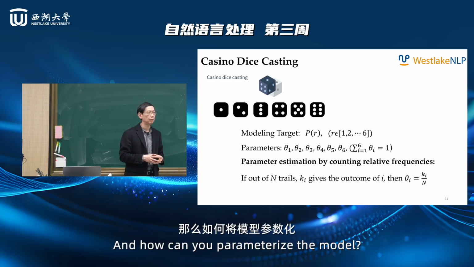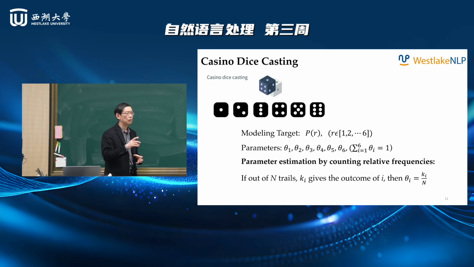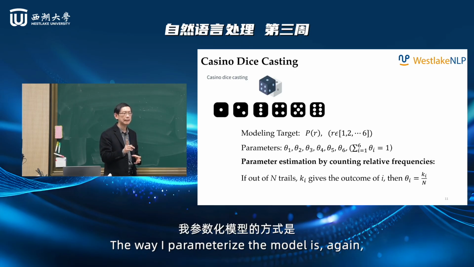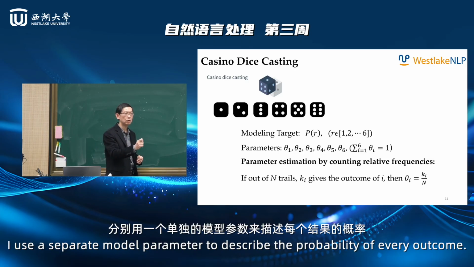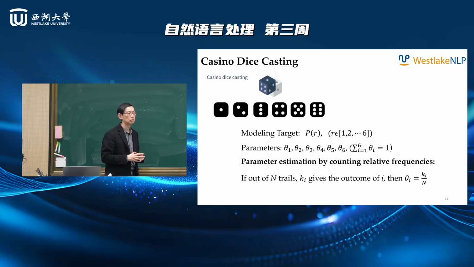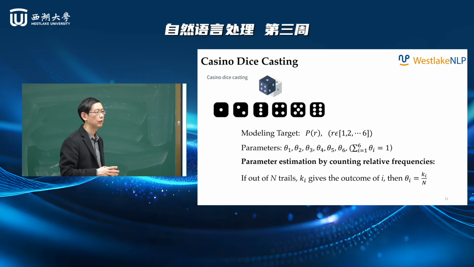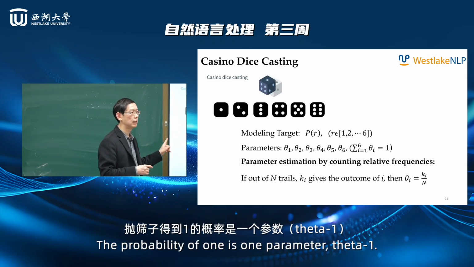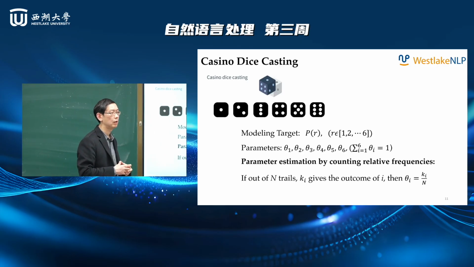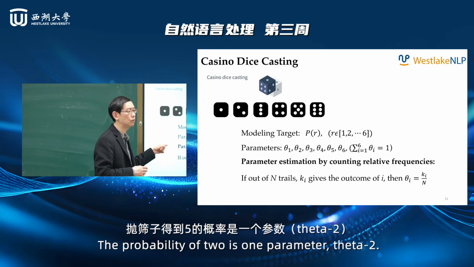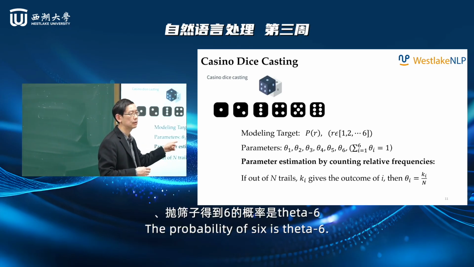And how can you parameterize the model? The way I parameterize the model is, again, I use a separate model parameter to describe the probability of every outcome. So the probability of 1 is one parameter, theta 1. The probability of 2 is one parameter, theta 2. The probability of 6 is theta 6.